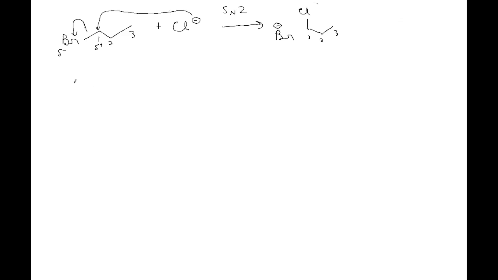So if there was a lot of steric hindrance, do you think that would speed up or slow down the SN2 reaction? Would slow it down. That's right, because things would be getting in the way of the nucleophile. So we need to memorize that's the big obstacle to SN2 reactions.